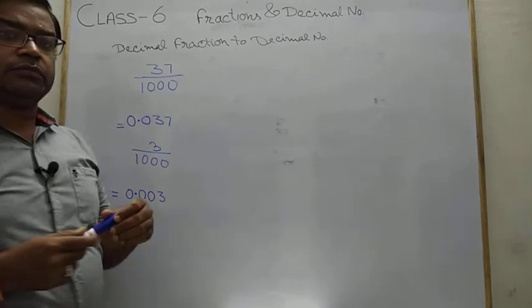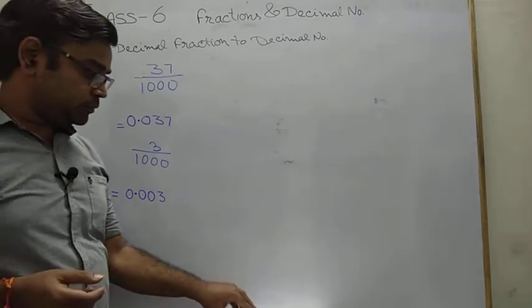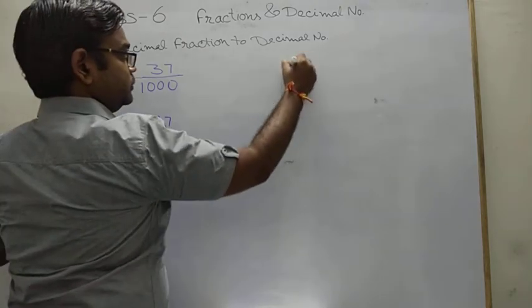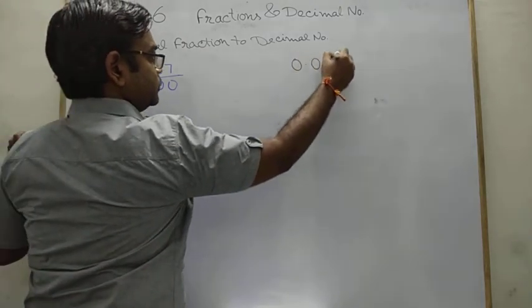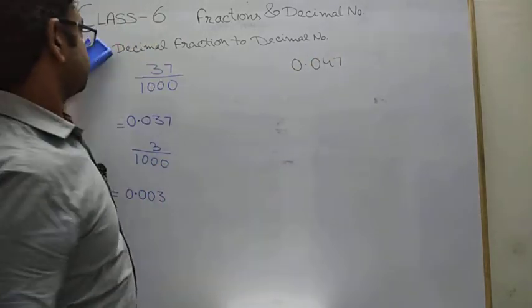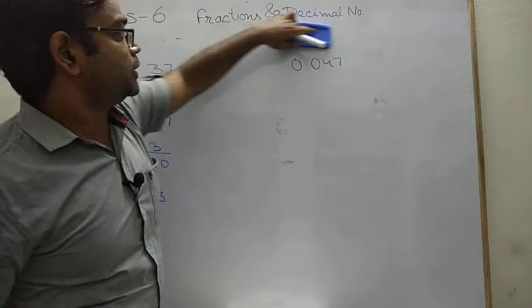So for that we can easily write it down. I am choosing only one question, that is 0.047. How do we convert it into a decimal fraction?